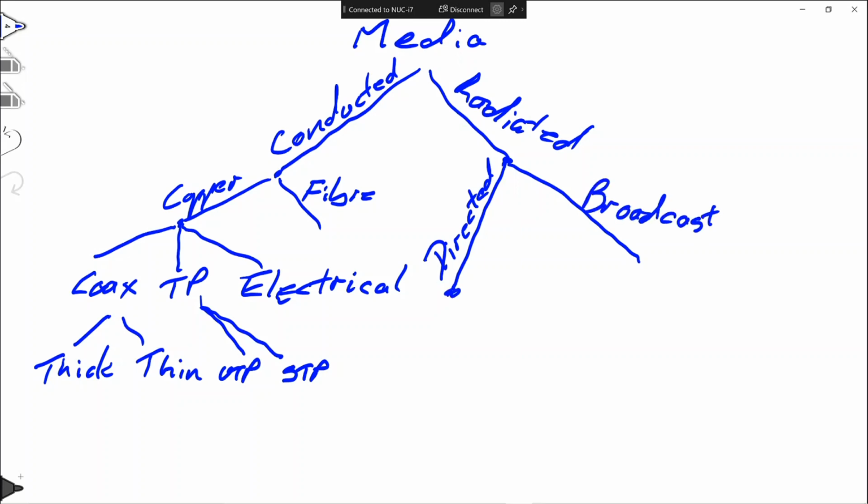In terms of directed, we can ask what is being directed. Is it a form of light? Or is it some sort of electronic or electrical wave that is transmitted?